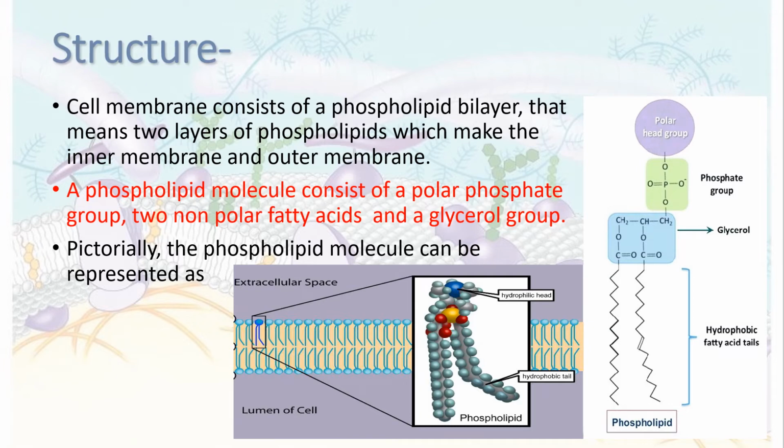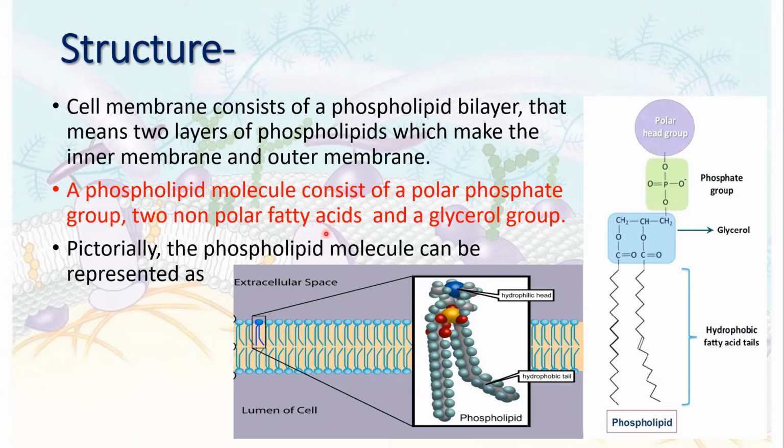Now, the structure of the cell membrane. The cell membrane is composed of phospholipid molecules. This is the molecule which makes up the complete plasma membrane. Besides these phospholipid molecules, there are some proteins which also help in the formation of the plasma membrane. First, let me discuss the phospholipid molecules.